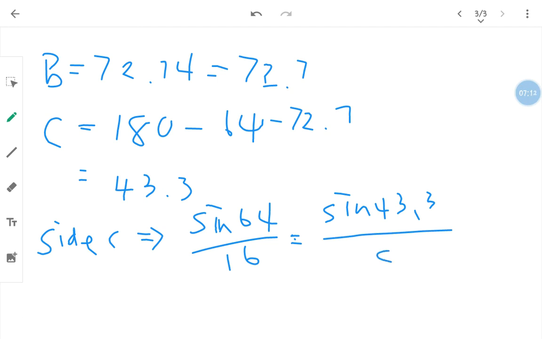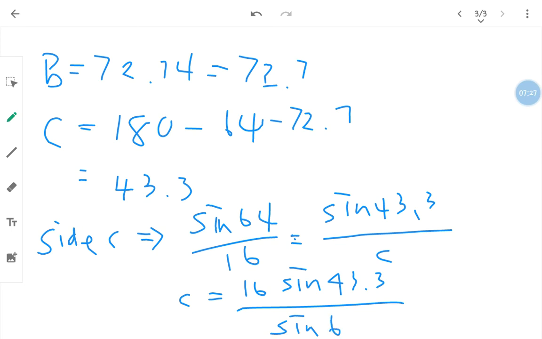We are going to find out. So I can do the cross multiplication, and then my C would be 16 times sine 43.3 over sine 64.